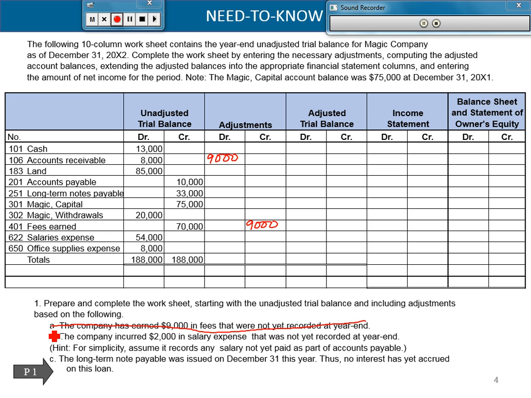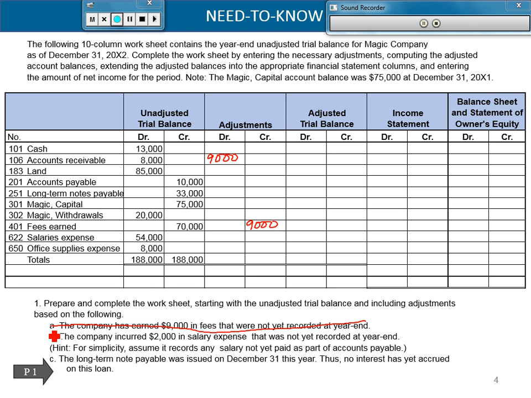Next, the company incurred $2,000 in salary expense that was not yet recorded. So what two accounts are affected here? Salary expense and cash. So what do we do with cash? Actually, no, not cash, because they didn't say anything about cash. They just said that they incurred that salaries expense. So it's salaries expense and what else?